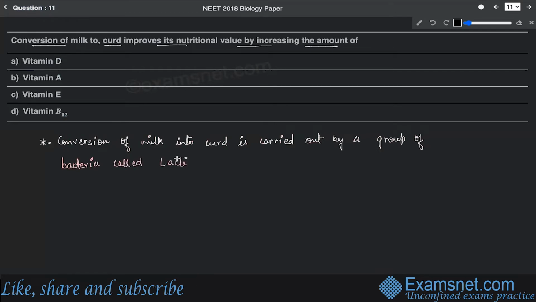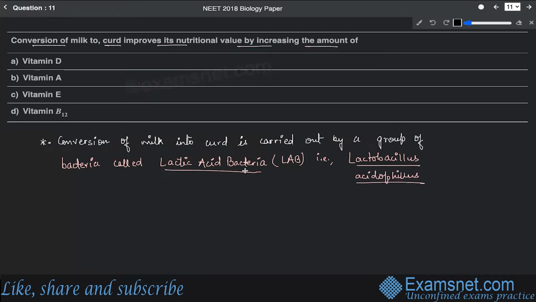So there is a group of bacteria which is called LAB, or lactic acid bacteria. This group of bacteria called LAB is responsible for converting milk into curd. And specifically, the genus responsible for this process is Lactobacillus acidophilus. All right. So this is the case.